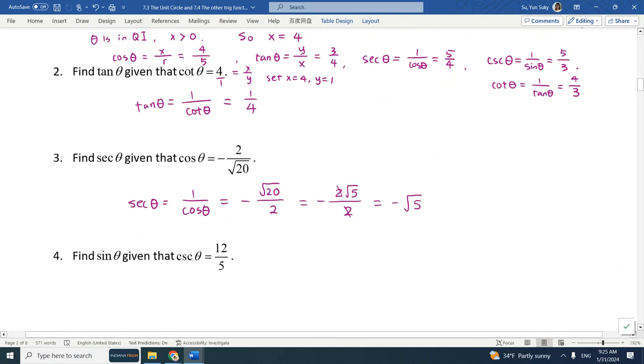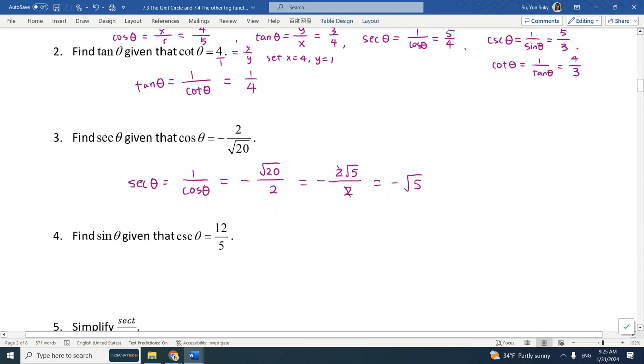Okay, keep going. What is sine theta in terms of cosecant? Reciprocal. Yes, everybody? Sine theta is the reciprocal of cosecant. Is everybody okay with that?